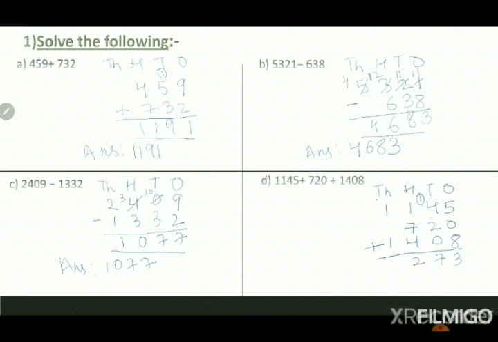So 2 will come here and 1 will go up. So 1, 2, 3. In the thousands column we have 3. So the answer which we got is 3273.